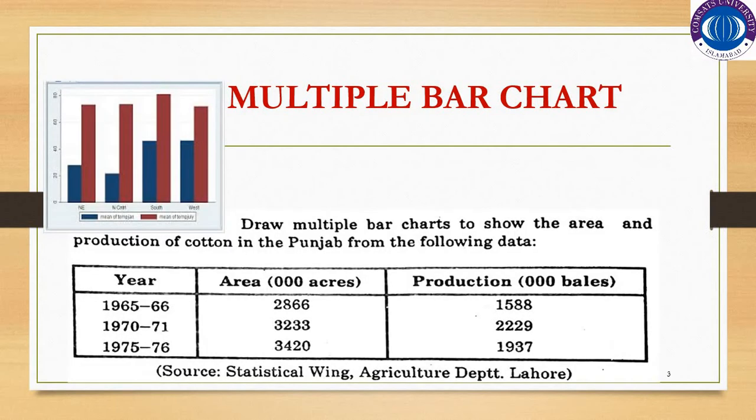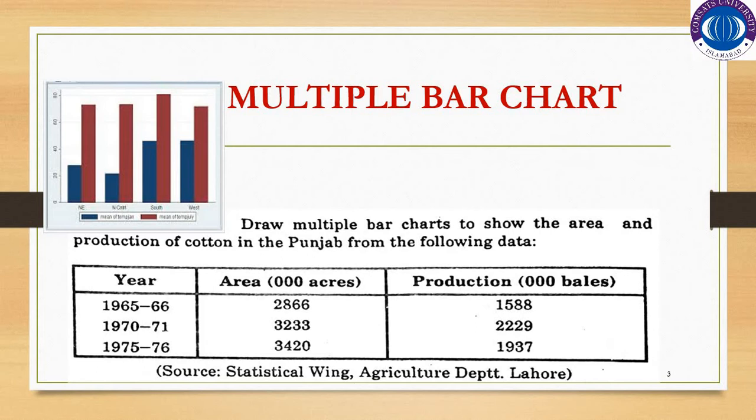Multiple bar chart. A multiple bar chart shows two or more characteristics corresponding to the values of a common variable in the form of grouped bars whose lengths are proportional to the values of the characteristics, and each of which is shaded or colored differently to aid identification.